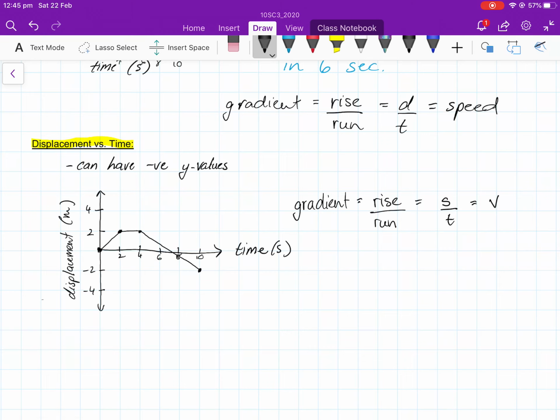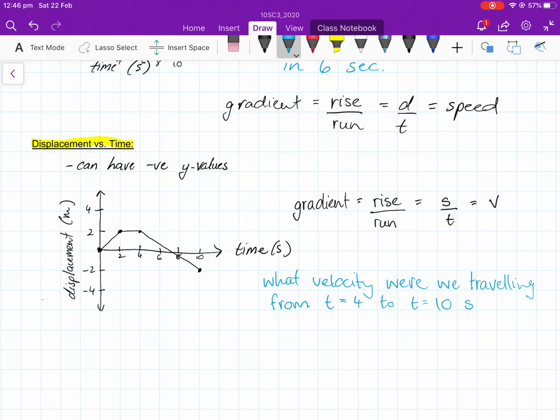Now because this is going into the negatives, I'm going to do an example. Let's say we want to find the gradient of the line, or what velocity were we traveling from t equals 4 to t equals 10 seconds.